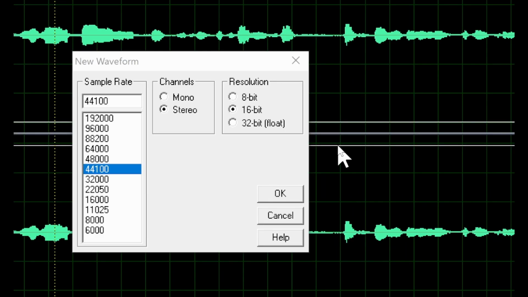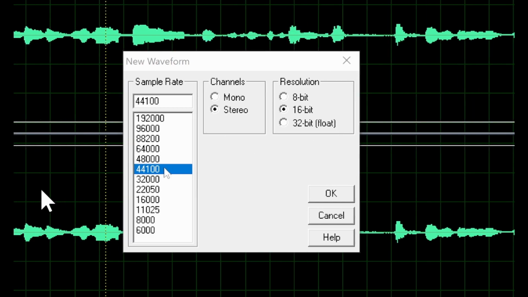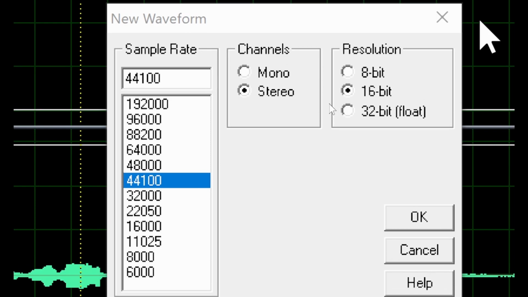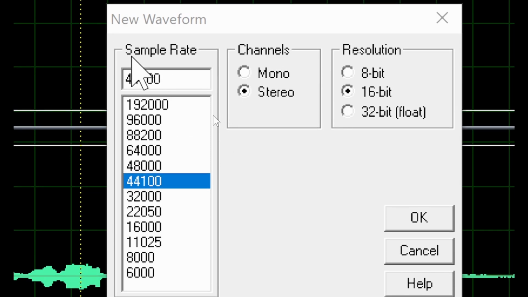Before I do the recording, I want to point out 7 things to you. Please, what do you see here? Which sample rate have I selected? 44,100.